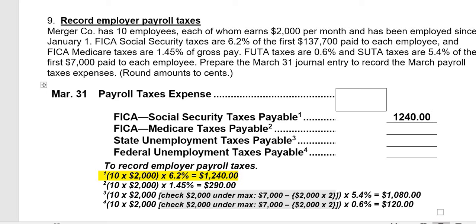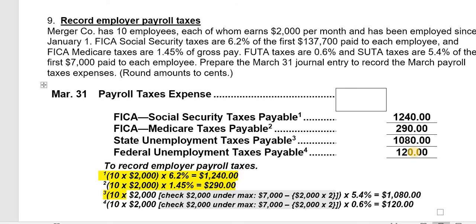Well, similar. 10 employees times 2,000 times 1.45%, $290. State unemployment. Well, we got 10 employees at $2,000 times 5.4% is $1,080. And likewise, federal unemployment, 10 employees times 2,000 times 0.6%, it's $120.